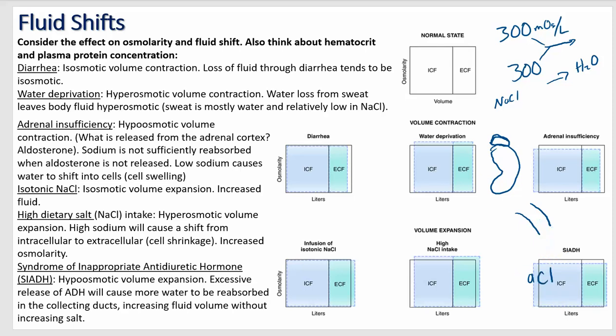So let's just say this in a simple way. If you have adrenal insufficiency, you're dumping sodium out of your body, and what's left behind is going to be much more watery, much more dilute. So let's address that first. We've lost the sodium, which means that our osmolarity is going down.